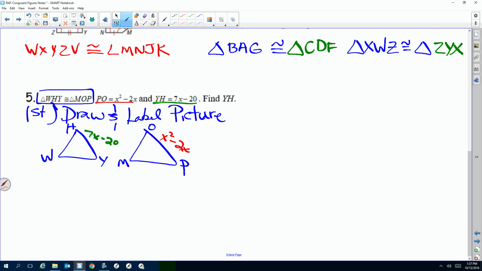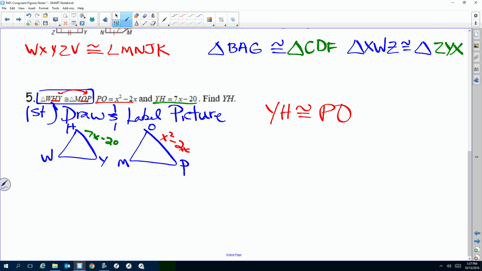Because if I'm looking at PO right here, O and P, that corresponds to what combination on the other triangle? H and Y. So I know this part goes with that part. So basically, I already know that YH is congruent to PO. Okay? So I can draw a picture to help me see it better, or I can just use my congruency statement.